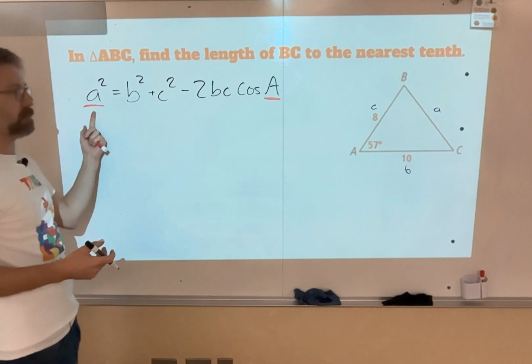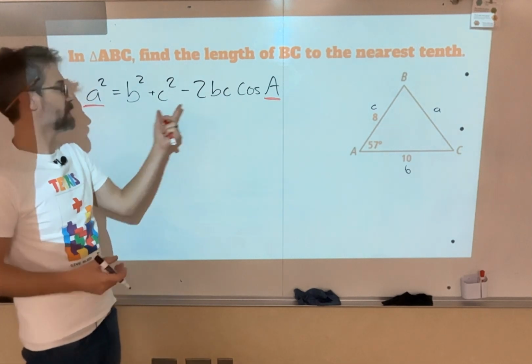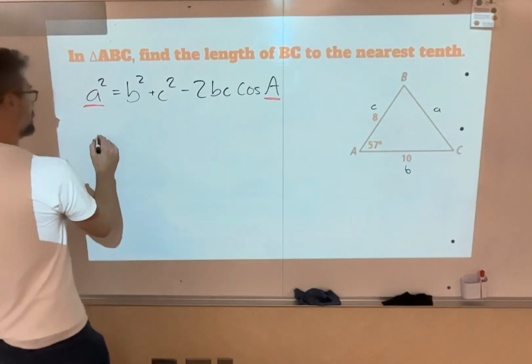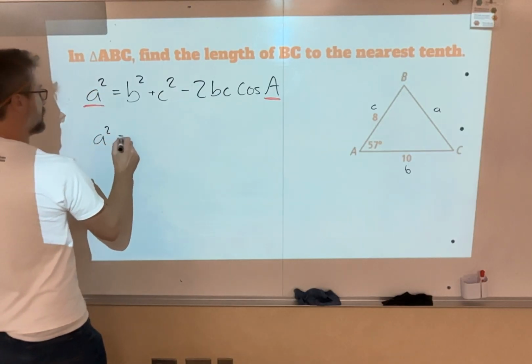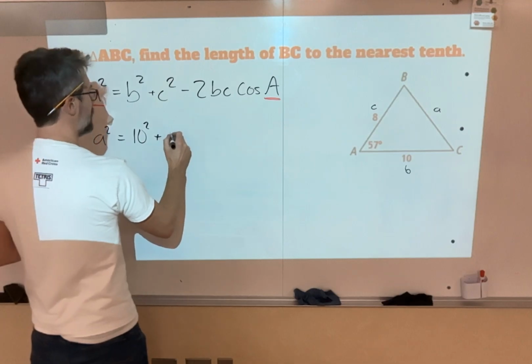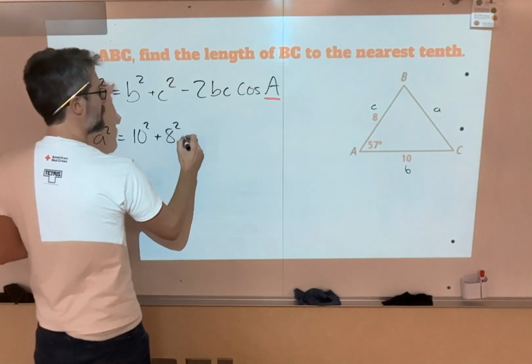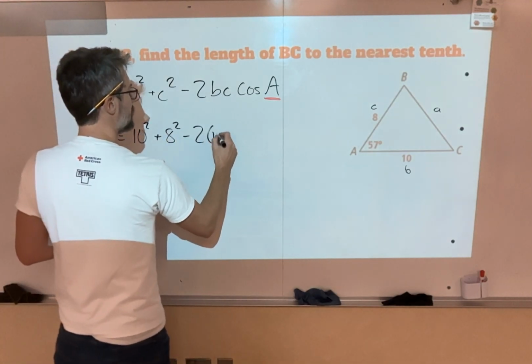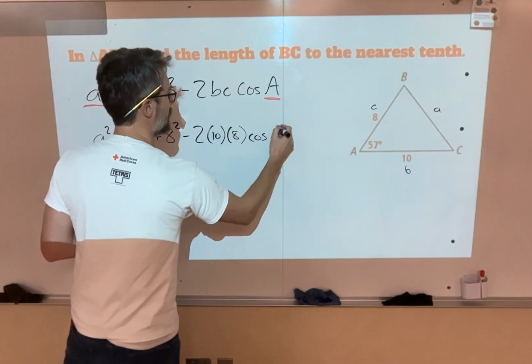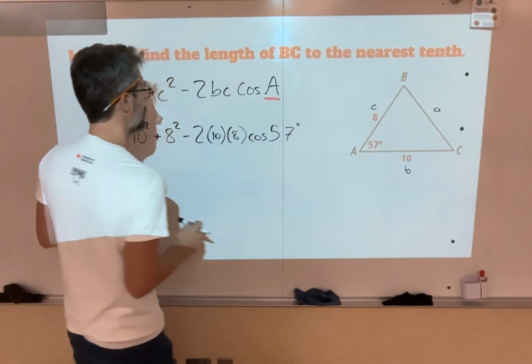It's really opposite side, opposite angle, and the other two sides. That's how we want to interpret this. All right, so A squared is equal to, my other two sides are 10 and 8, minus 2 times 10 times 8 times the cosine of 57 degrees.